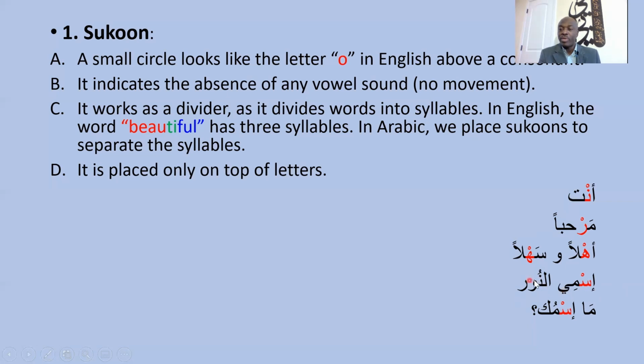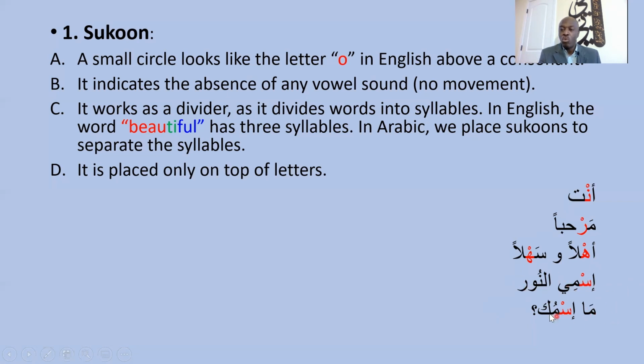We cannot put a sukoon on An-Nur because it is only one word, one syllable. So we have ismi, anta, marhaba, ahlan wa sahlan, ismi An-Nur.